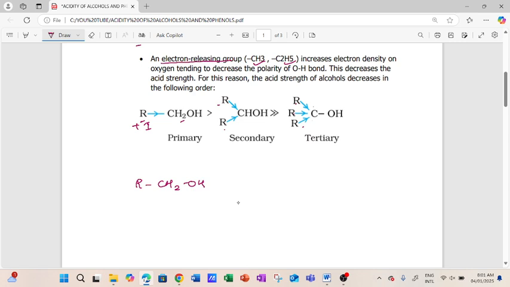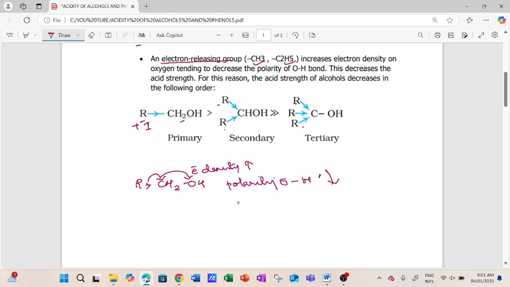In RCH2OH, the alkyl group releases electrons, so the direction of electron movement is from this alkyl group towards this oxygen side. So the electron density of this oxygen increases. As the electron density of oxygen increases, the polarity of the OH bond decreases.